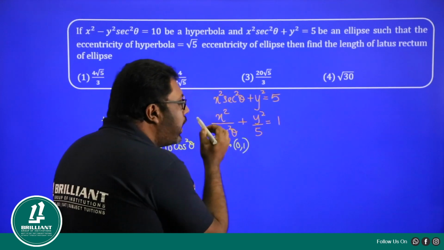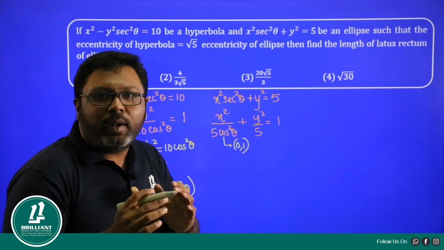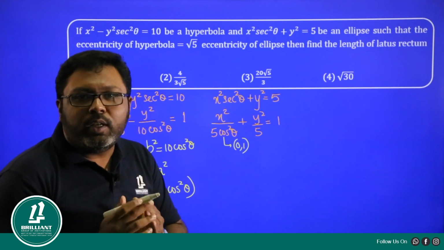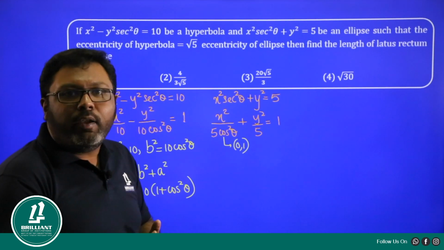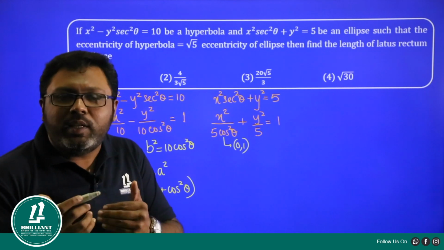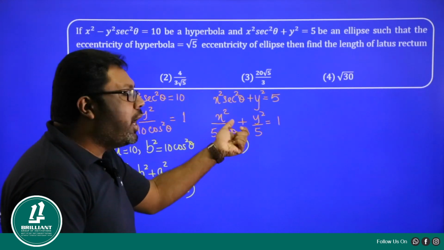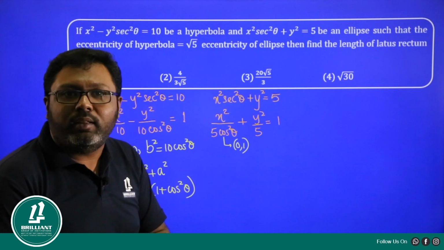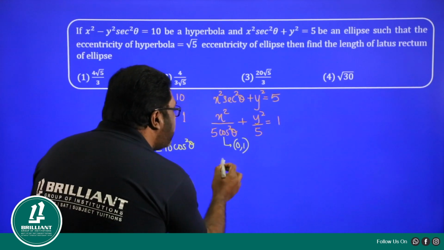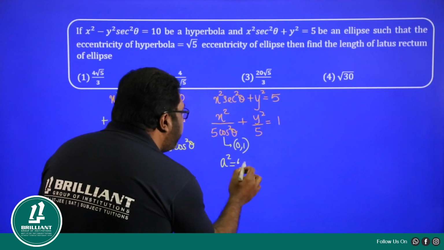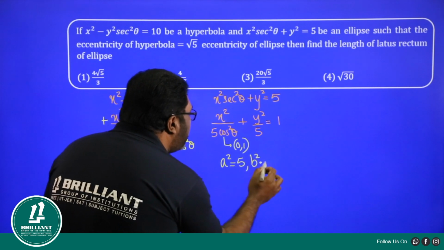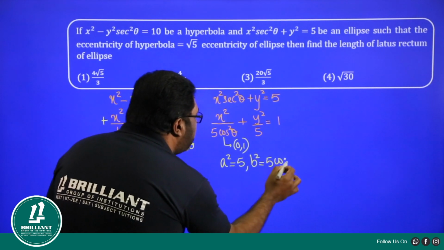It is from 0 to 1. You multiply a number from 0 to 1 with 5, you are always going to get a number which is less than 5. So definitely 5 is greater than 5 cos squared theta. So for me, a squared equals 5 and b squared equals 5 cos squared theta.